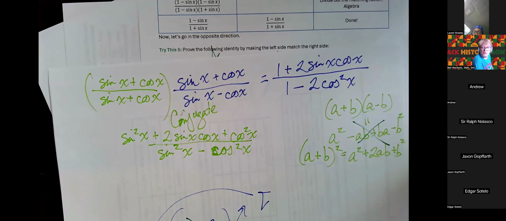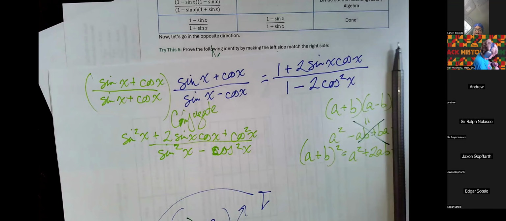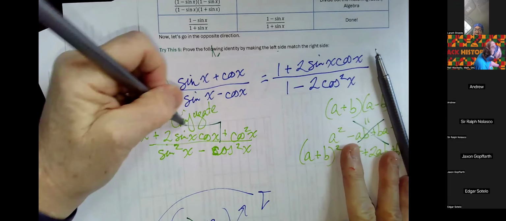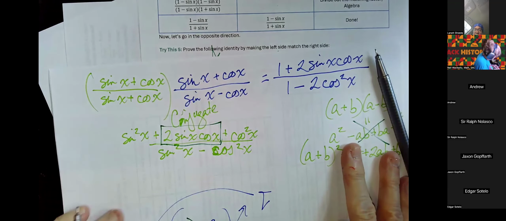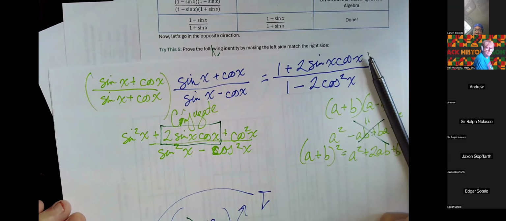So looking at the numerator, what do we already have? A 2 sine x times cosine x. Yes. And what do we not have in the numerator? The 1.